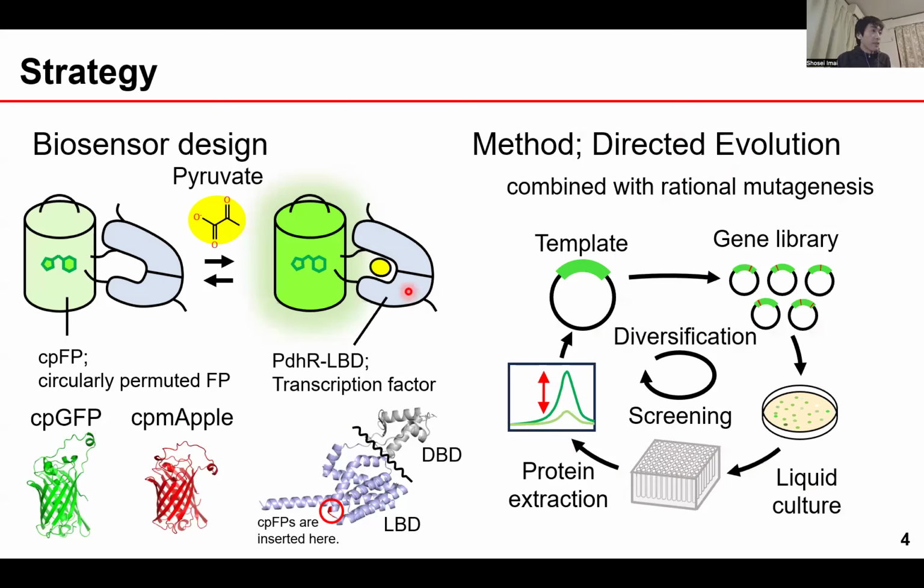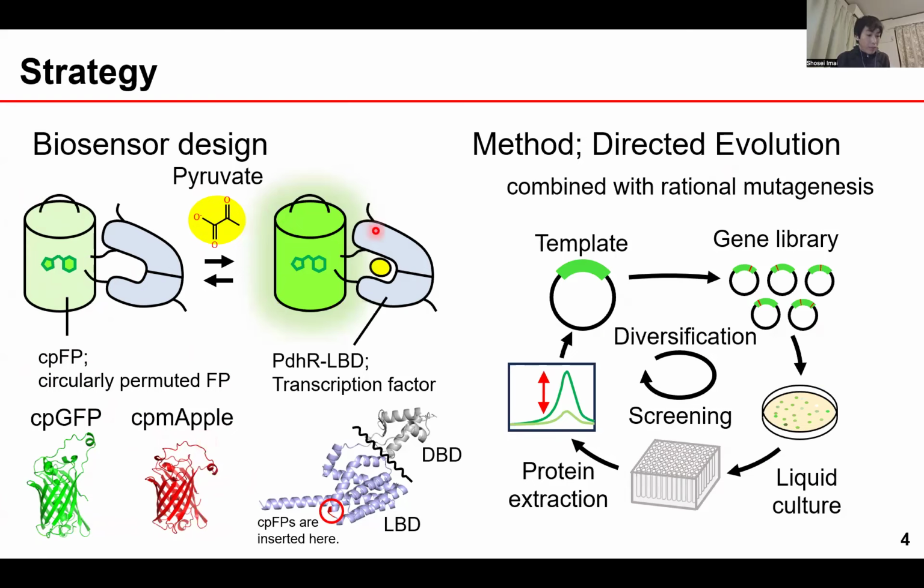Here is our development strategy. As shown earlier, cpFPs, circularly permuted fluorescent proteins, are inserted into the binding protein. For the cpFP component, we use cpGFP and cpmApple. mApple is a kind of derivative of our red fluorescent protein.